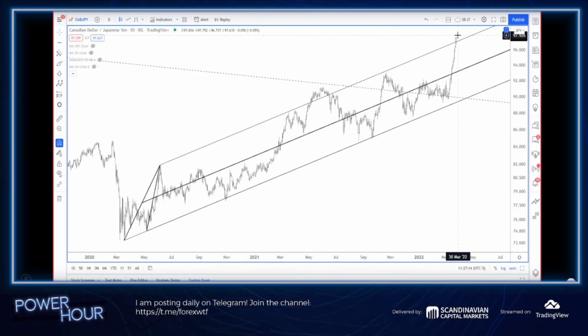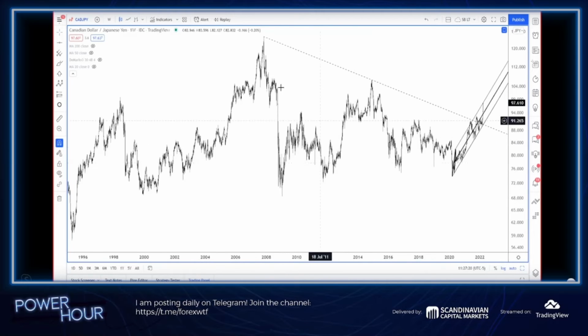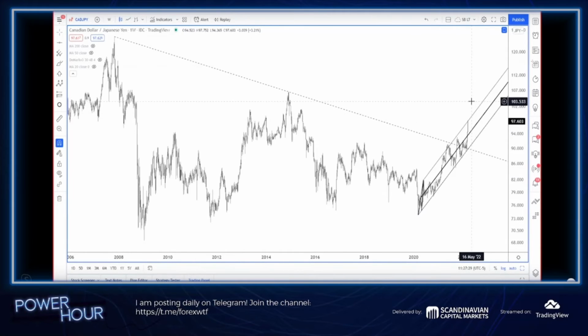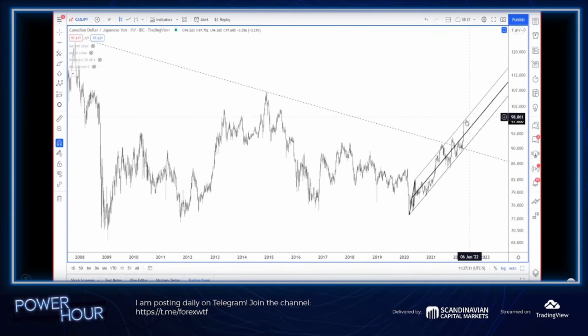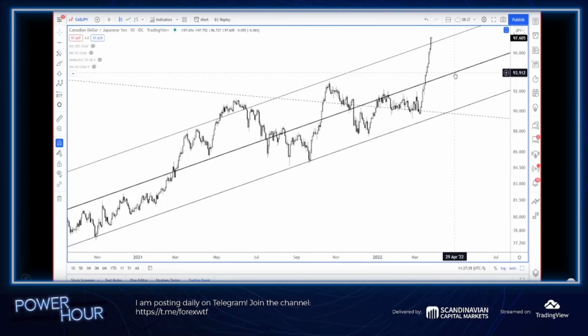It's a beauty. So we are into that channel resistance level. If I go back to a longer term chart, we have broken a pretty darn important trend line definitively. If we get a pullback from the channel up here, which makes sense, go back to the daily chart, watch for support at some point near the middle of the channel. That's simple.